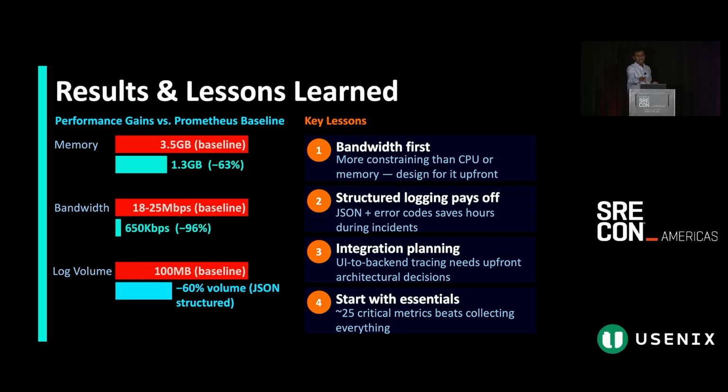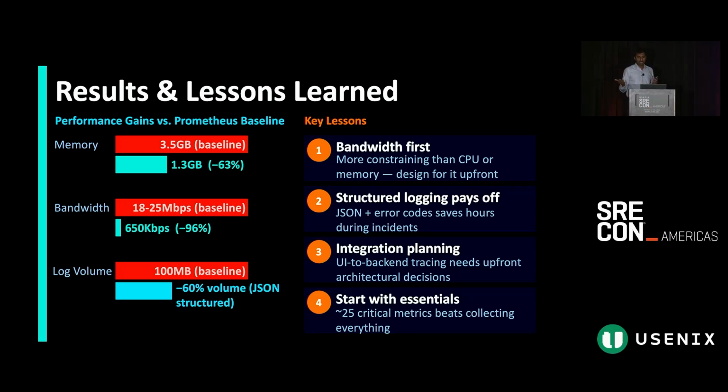So these are again the same results. Memory 63% reduction, 96% in the bandwidth, and log volume, right? So what about the lessons learned part of these things? Resource is one thing, CPU, memory, the storage is one thing, but network is the main thing, right? Since you depend upon a lot of service providers, there is not a whole lot available.